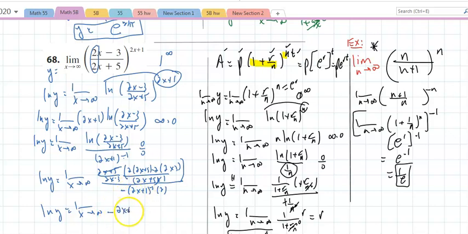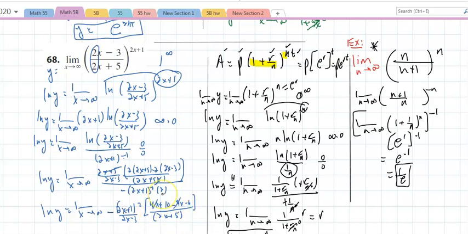That's 2x plus 1 squared, times, and it's going to be over 2x minus 3. This will be 4x plus 10 minus 4x minus 6, all over 2x plus 5.